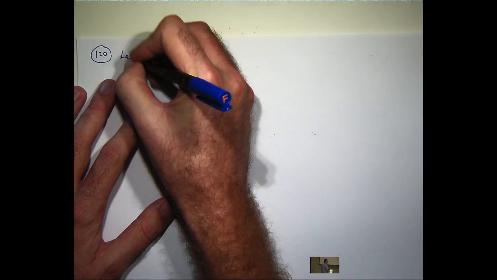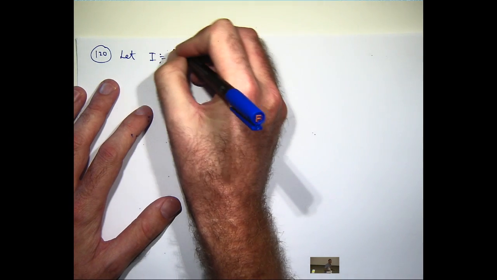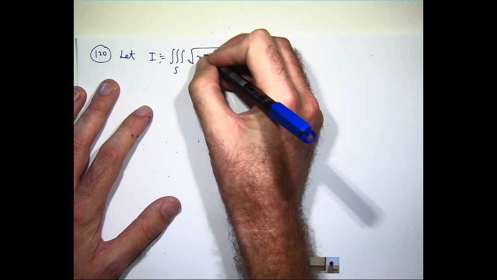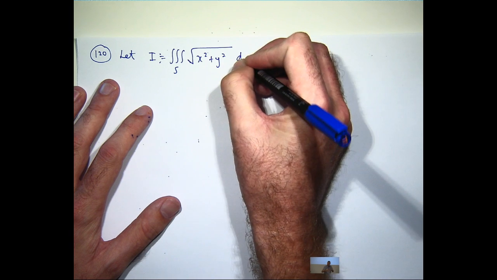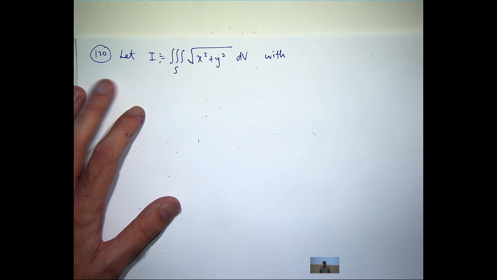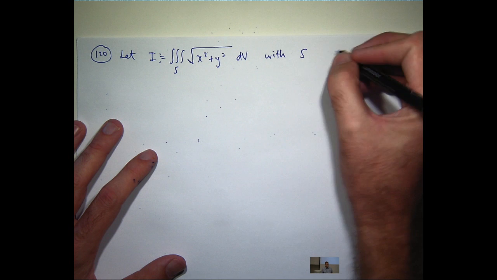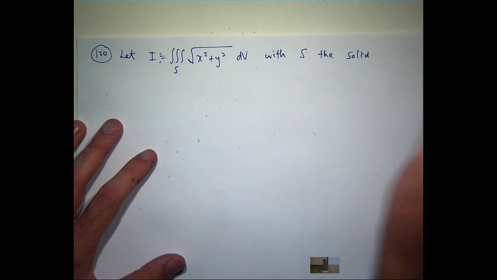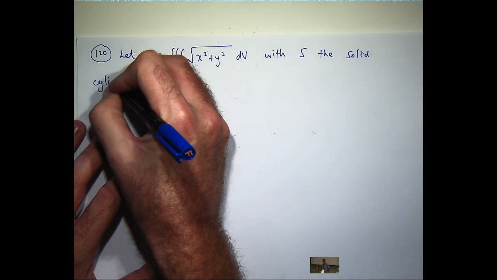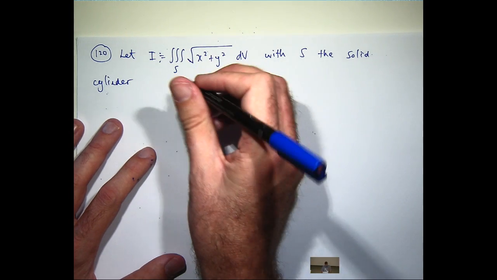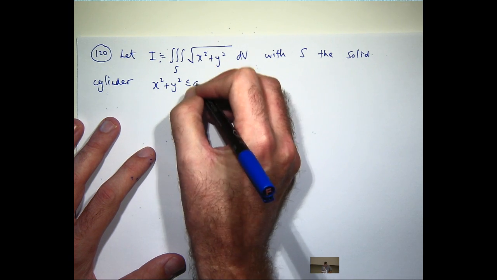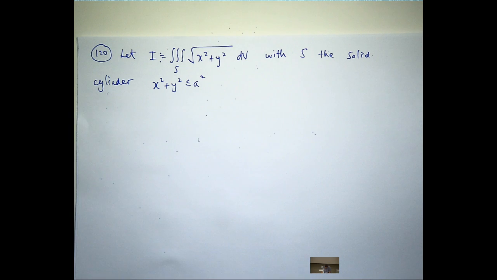So let I be the following triple integral, with the region of integration S. Now I'm just going to write this with a less than or equal to sign here.